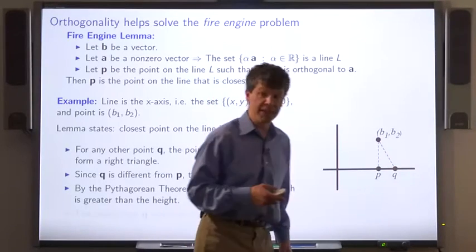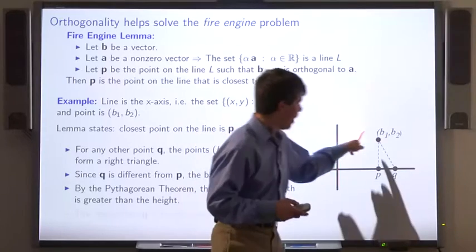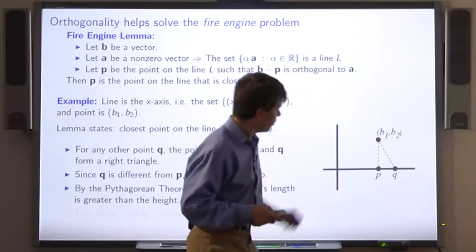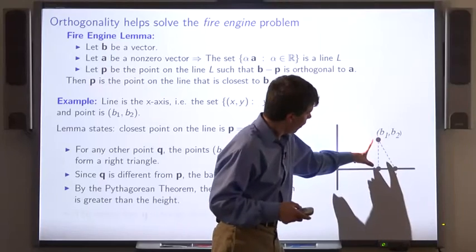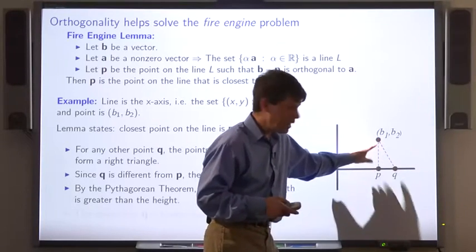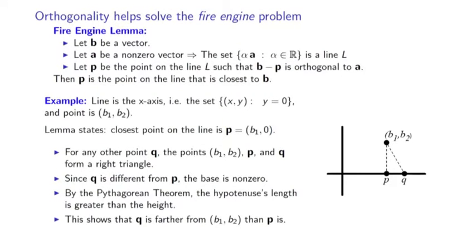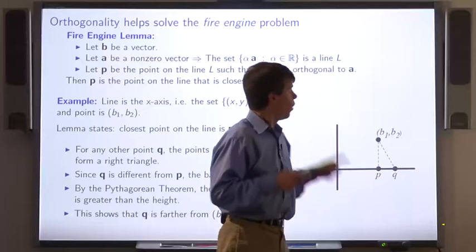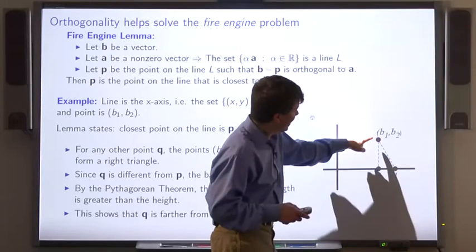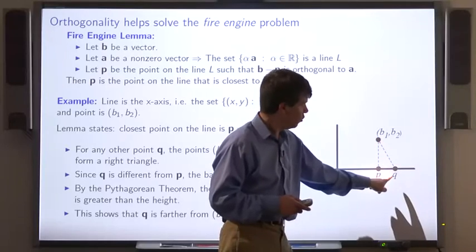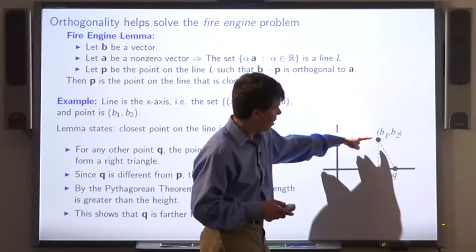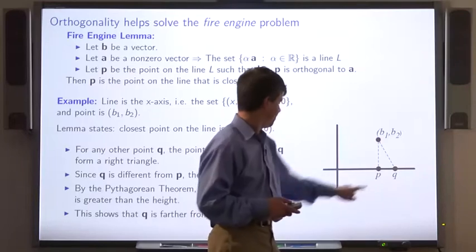So by the Pythagorean theorem, the hypotenuse's length squared equals the sum of the square of the length of the height and the square of the length of the base. But since the length of the base is non-zero, that shows that the length of the hypotenuse squared is greater than the length of the height squared. That means that the distance from B to Q is greater than the distance from B to P.